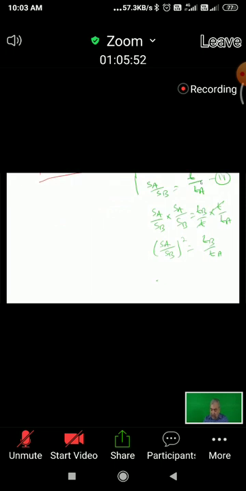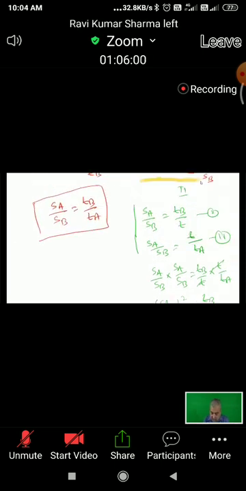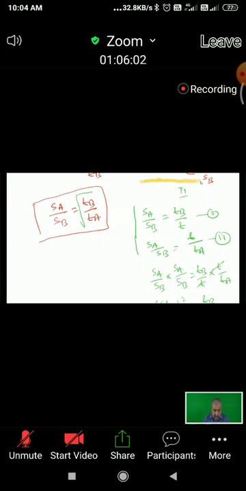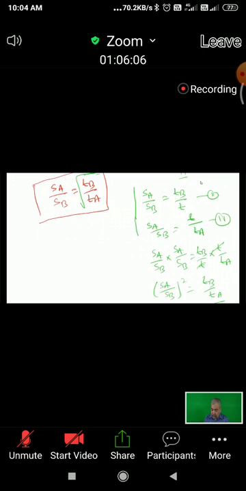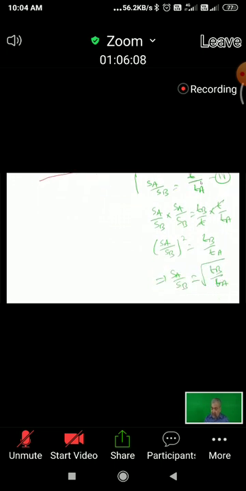So this implies SA by SB equal to a square root of TB by TA. Sorry, here a square root is missing. Please note here a square root is missing. So SA by SB equal to a square root of TB by TA.